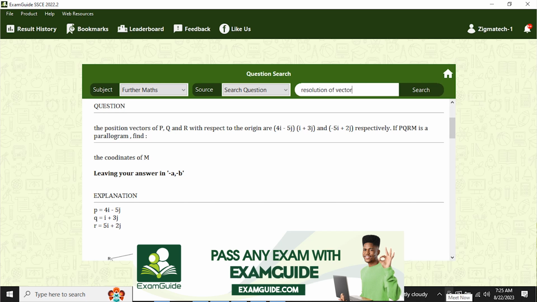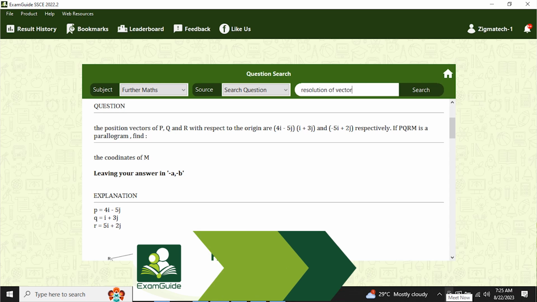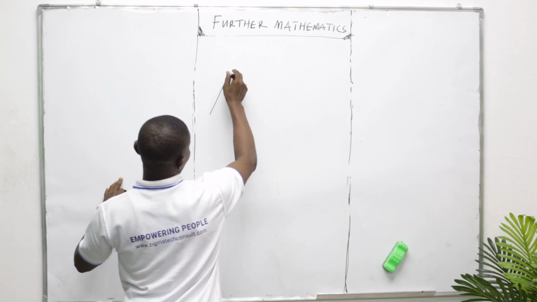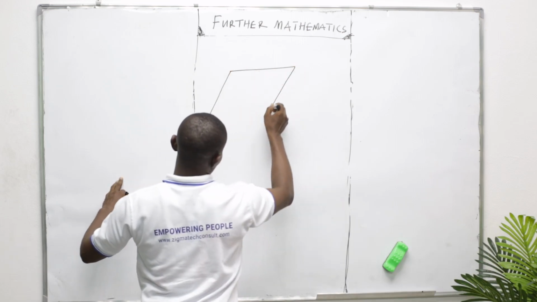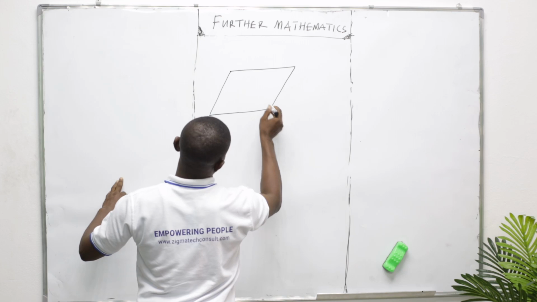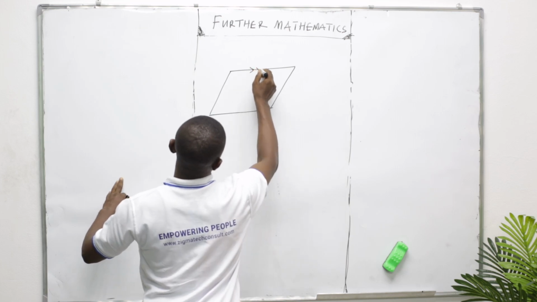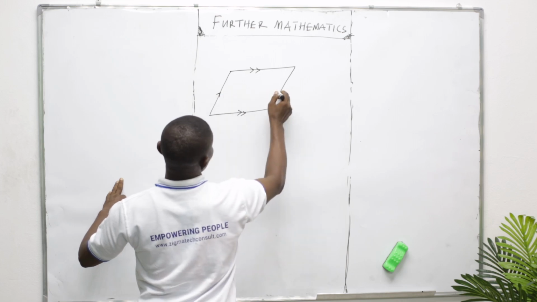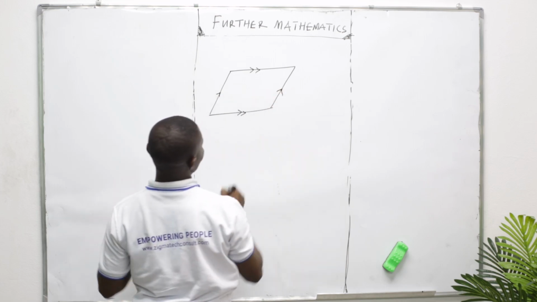How does a parallelogram look? If I have this shape of parallelogram, where these sides are equal to each other, and here is also equal to its opposite.